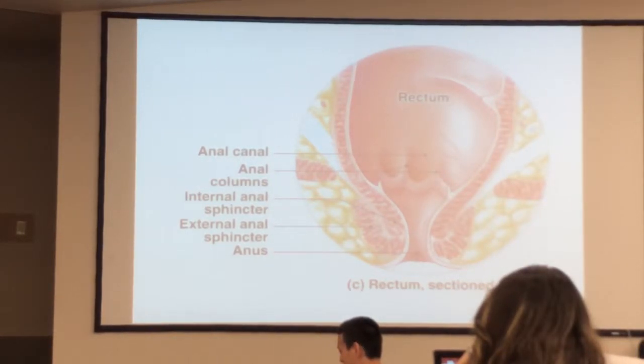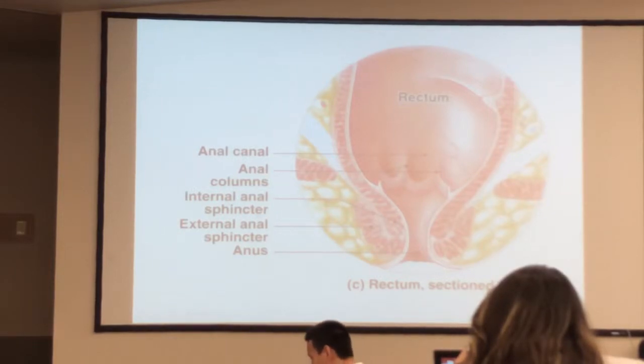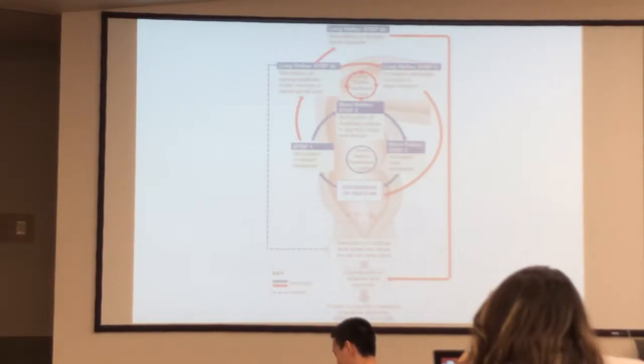Now, when we have enough solid waste, the inner anal sphincter will relax, and the solid waste will move down a little bit, but still cannot go out because we have the external anal sphincter. It is controlled by our will, and that takes some time to train.